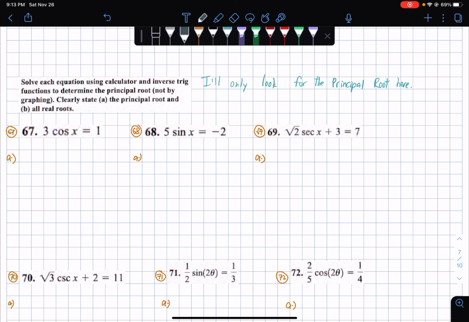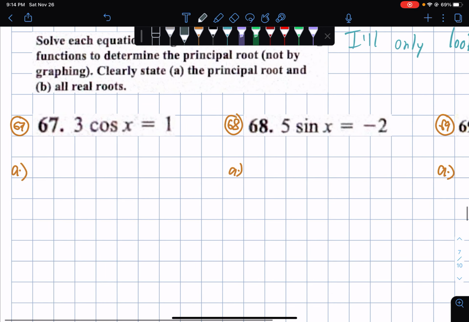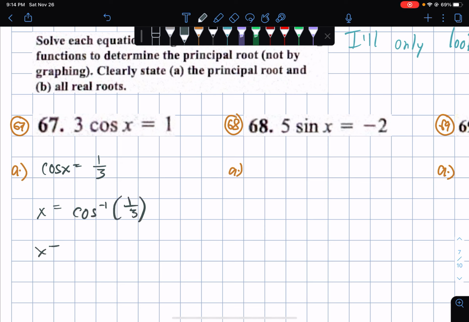So, for number 67, 3 times the cosine x equal to 1. Divide both sides by 3. x is equal to the arccosine of 1 over 3. x would eventually be approximately 1.2310.